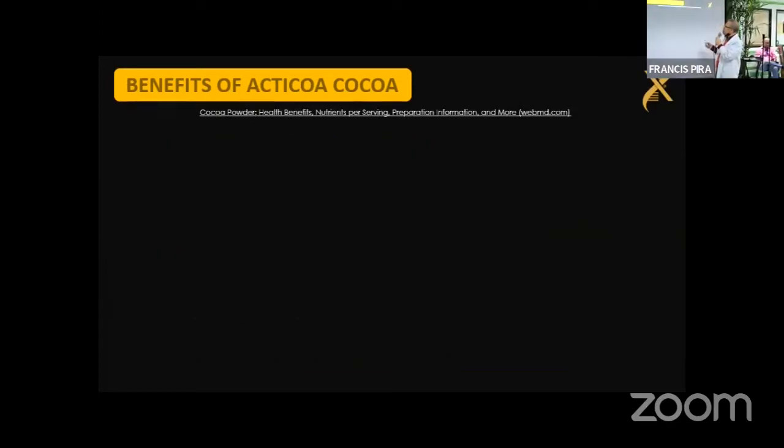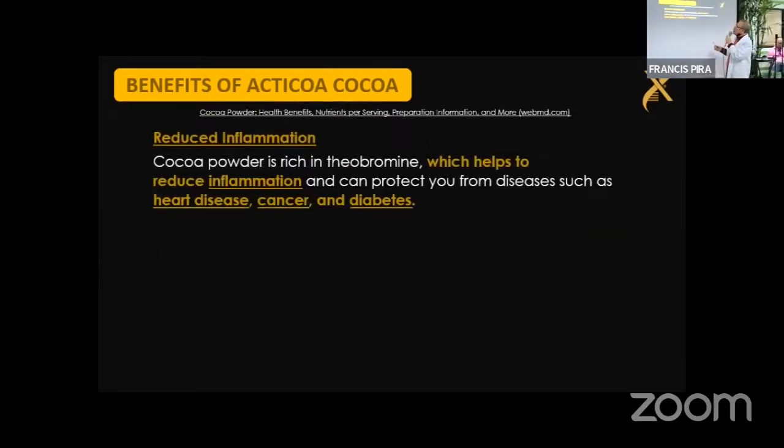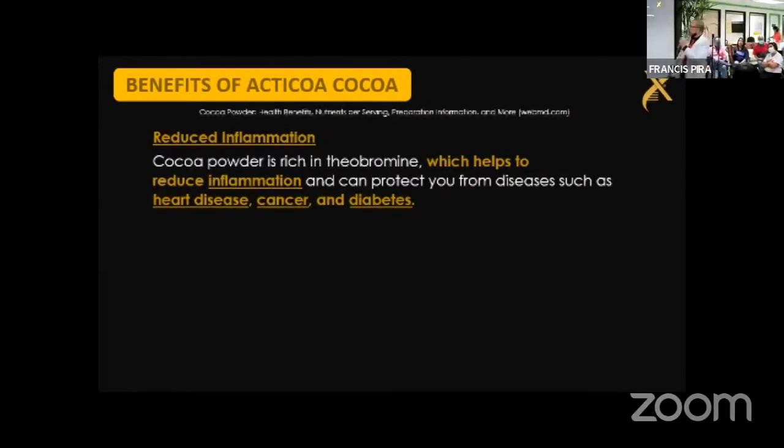Next slide, please. So cocoa will reduce the inflammation. Cocoa powder is rich in theobromine. Why does it reduce the inflammation? Because remember that inflammation is due to the damage of the free radical. Now, since the free radical is neutralized, it will also reduce the inflammation of the endothelium.